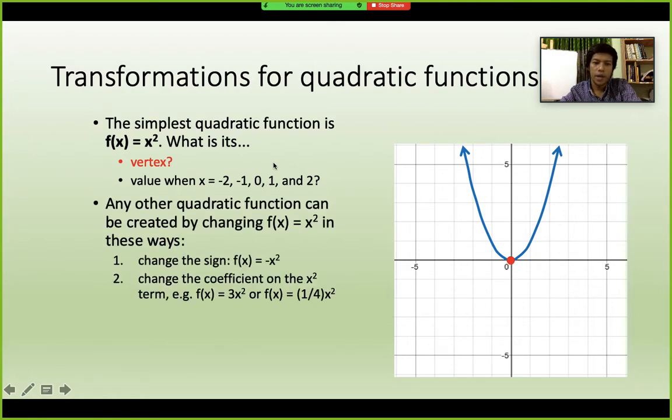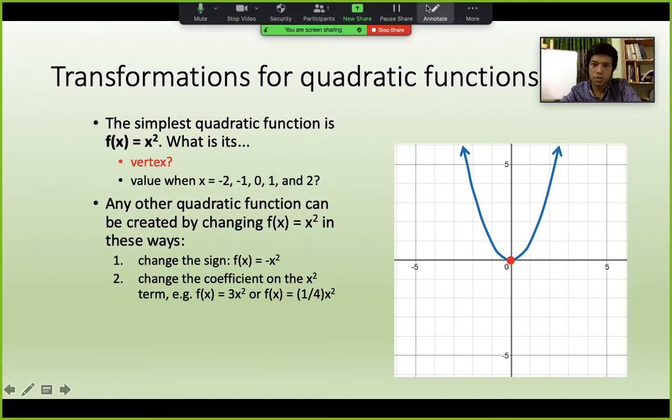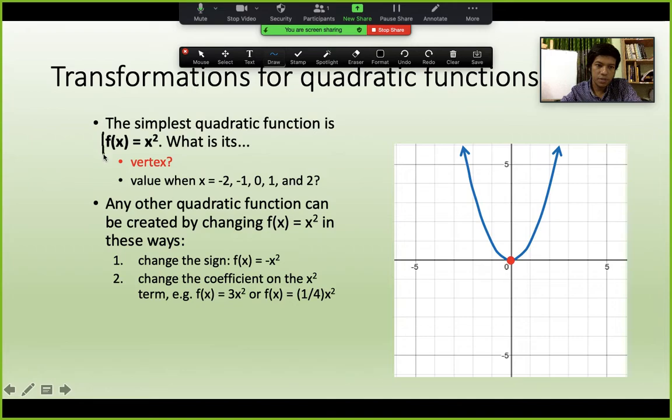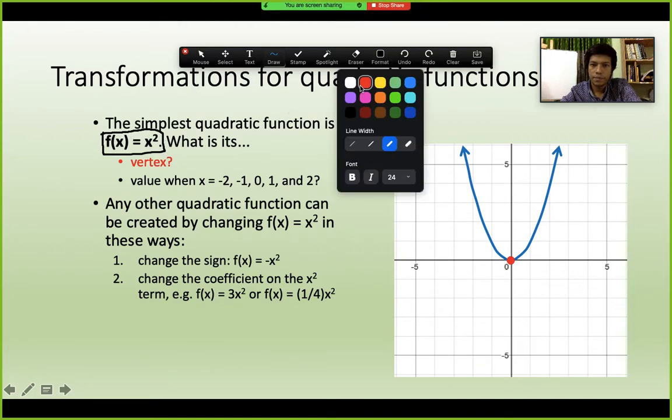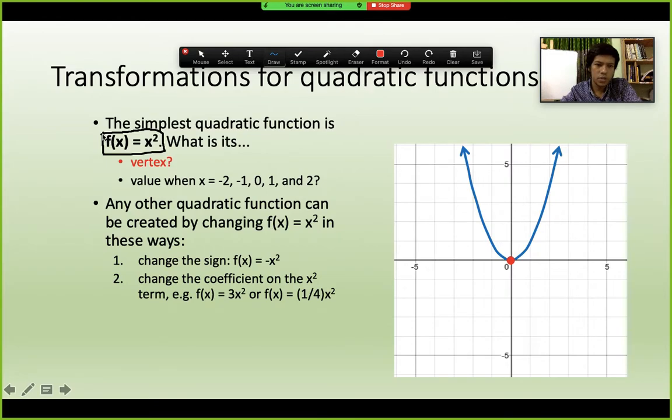So we can actually change this graph in a lot of ways. Suppose f(x) equals x squared.